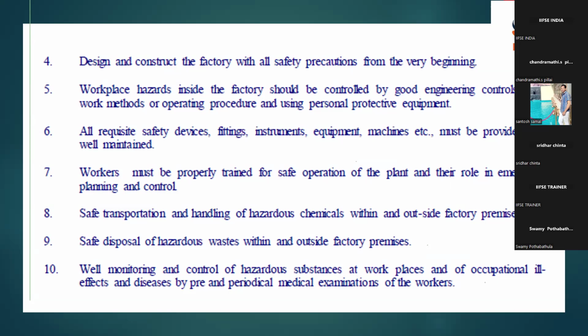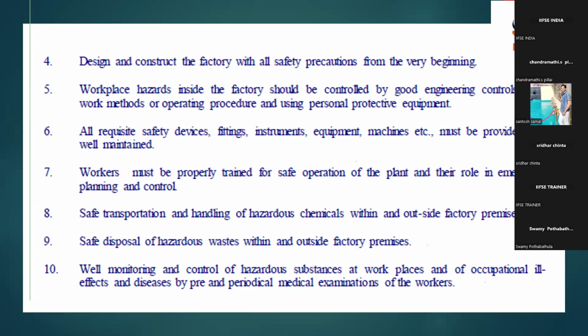Other one is the requisite of the safety devices. So what is meant by the requisite of the safety devices? Fittings, instruments, equipments, machines, etc. must be provided and also well maintained. Just now I have taken an example. We can put a sensor or put a controller, saying that if it goes beyond this temperature, it has to switch off or activate the controller.